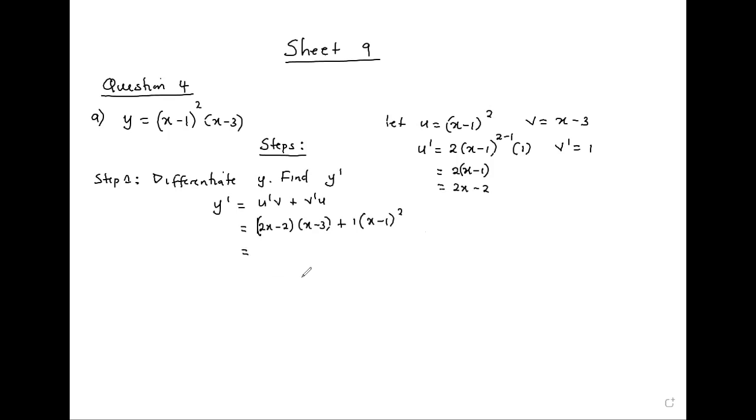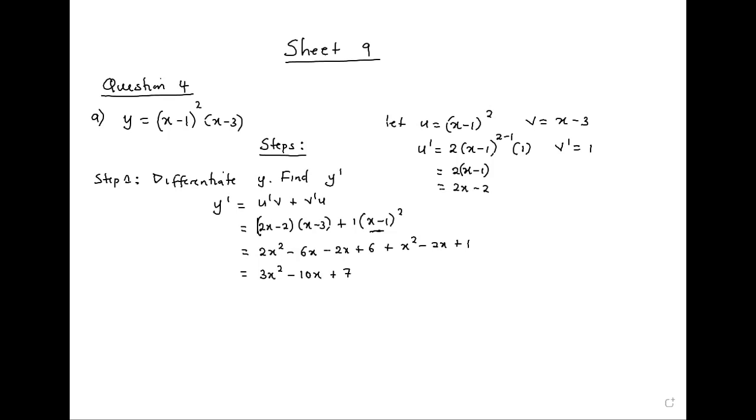So 2x multiplied by x, we'll get 2x squared minus 6x minus 2x plus 6 plus x squared minus 2x plus 1. So I've also expanded this one. So here we'll get 3x squared minus 10x, and then plus 7.